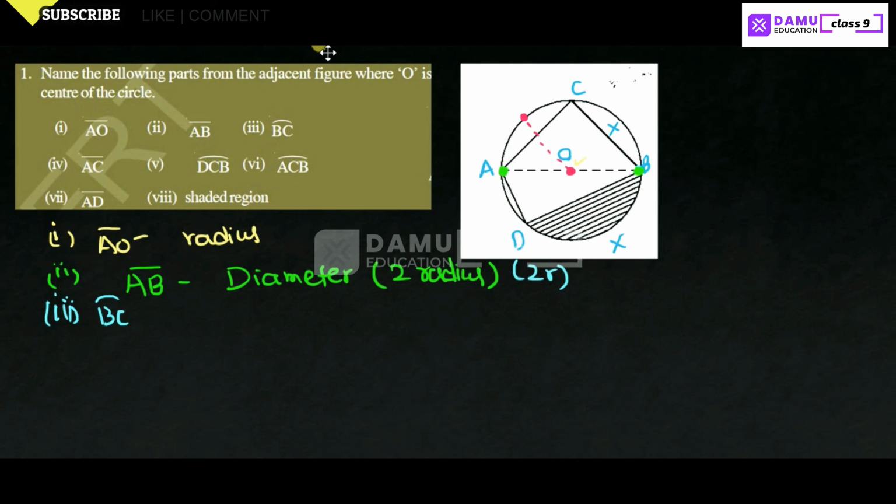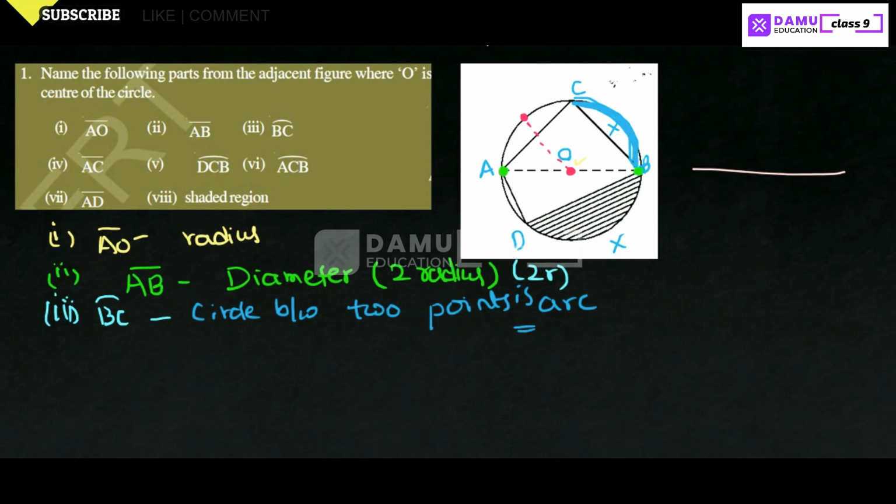It may be a minor arc, a major arc, or a semicircle. So this is the portion from B to C. The portion of the circle between two points is called an arc. So that is a minor arc.